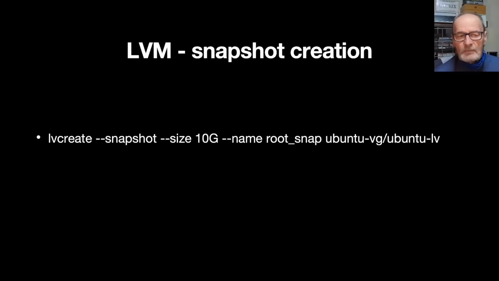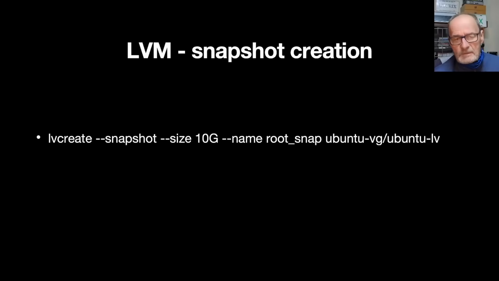And then give it a name, --name root_snap, because I want to snapshot my root volume, which is a classic. So you're going to do some updates, or in our case, install an application, and you want to protect yourself in case it all goes horribly wrong. If it's going to install in the root volume, which is a really critical volume, isn't it? If you lose that, you can't reboot, or if it gets broken in some way.